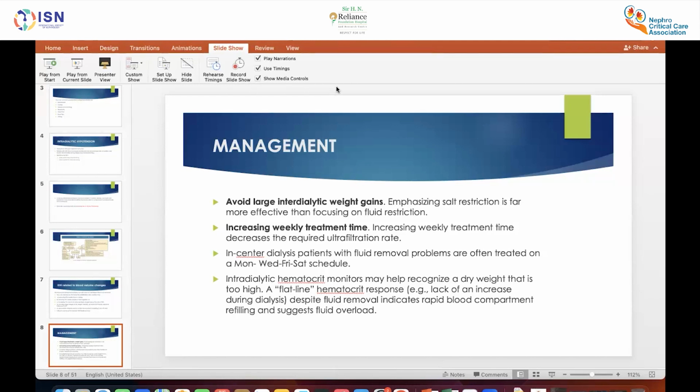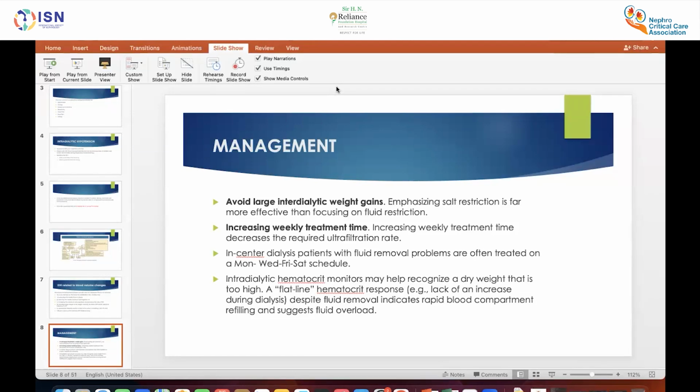So it will give you a hematocrit reading: at the beginning of the dialysis, the hematocrit reading is like 44. Now you have started the dialysis and started fluid removal from the patient. When you see a rise of hematocrit, what does that mean? It means you are taking out more water than the venous refilling is providing.